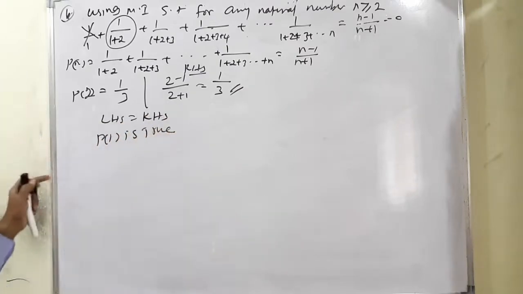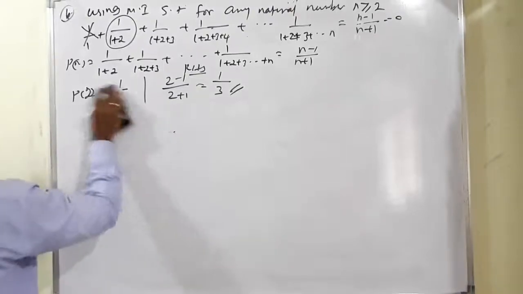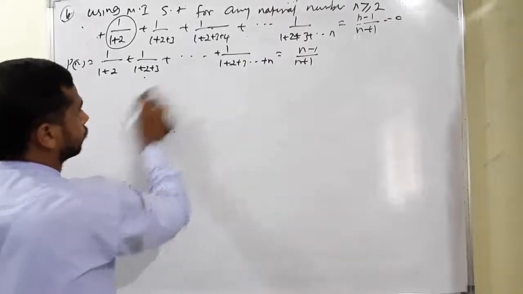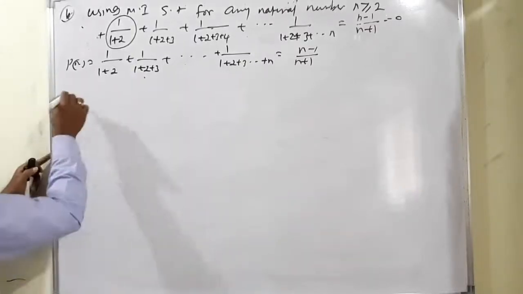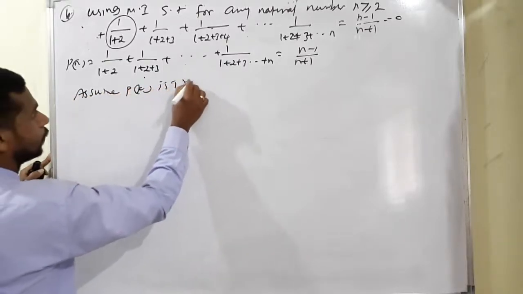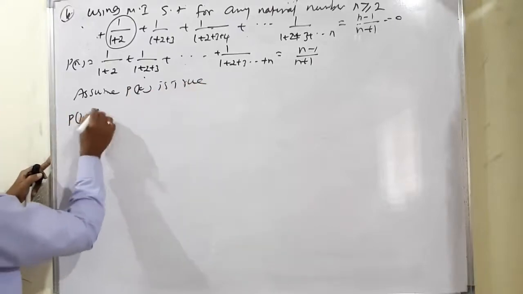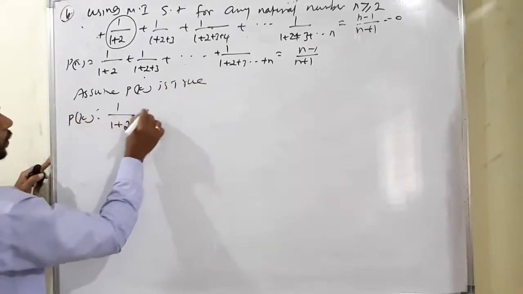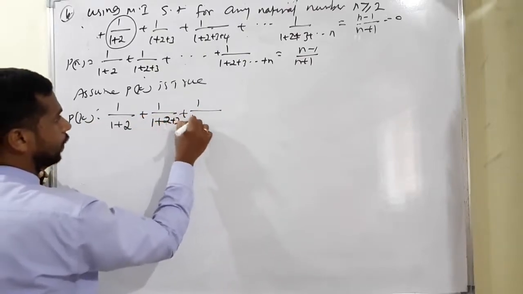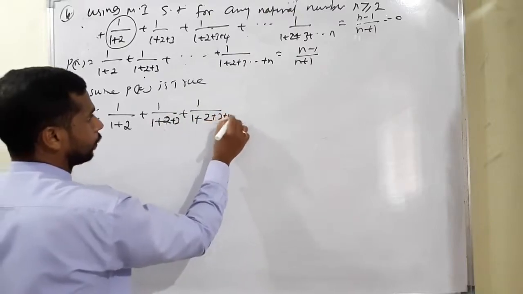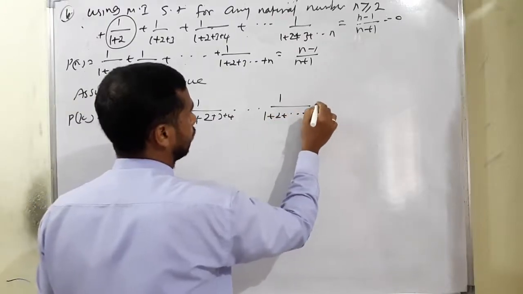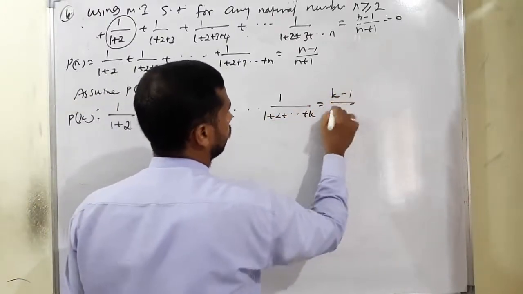So the next condition: assume P of k is true. So P of k means 1/(1+2) plus 1/(1+2+3) plus 1/(1+2+3+4) plus dot dot dot plus 1/(1+2+...+k) is equal to (k-1)/(k+2).